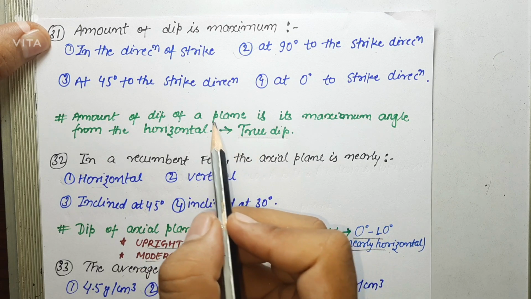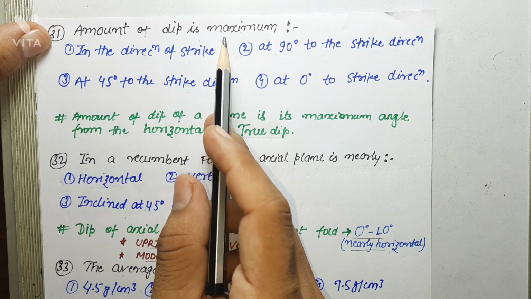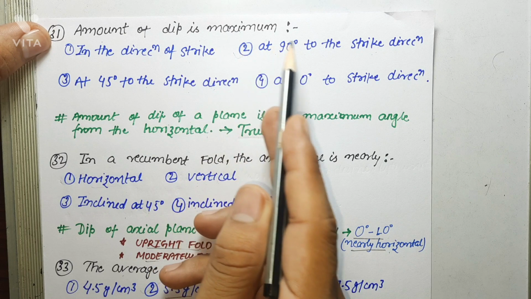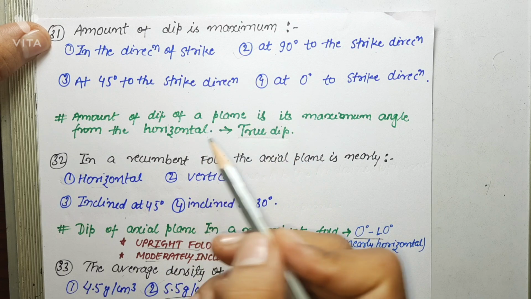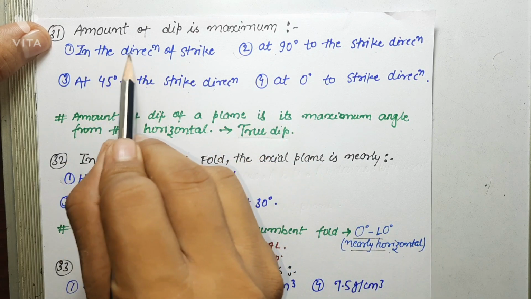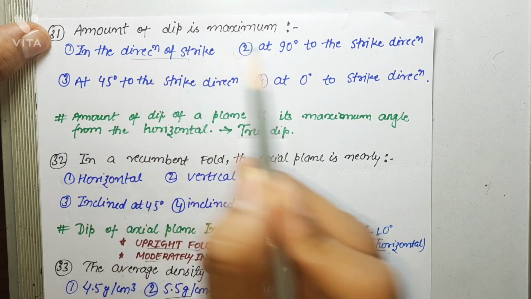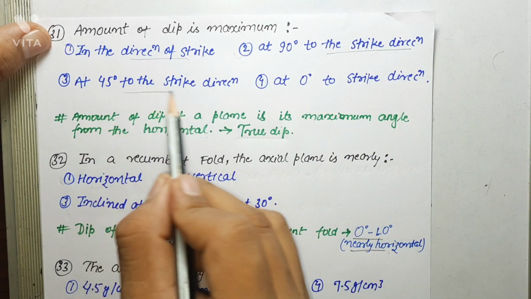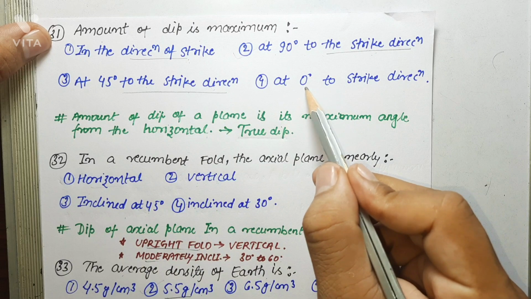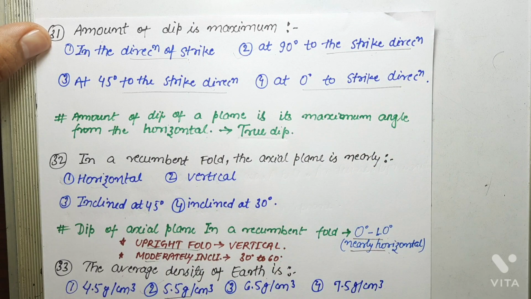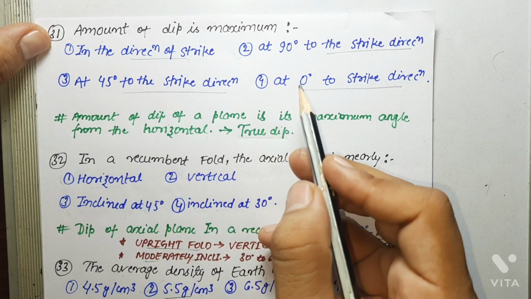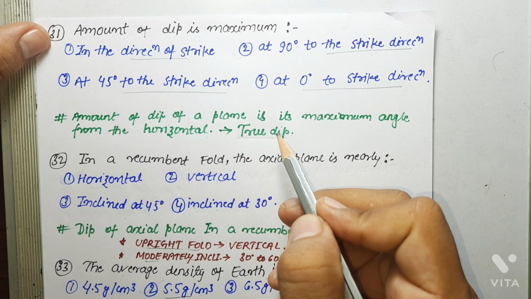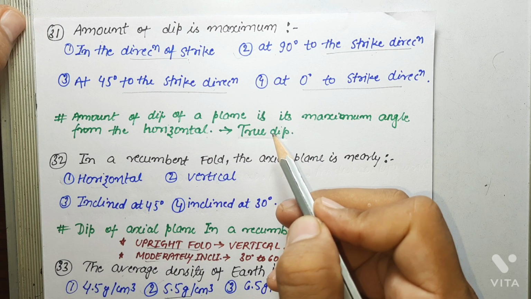So this question is basically asking, for a plane, at which direction is the amount of dip maximum. It takes strike direction as reference. The options are: in the direction of strike, at 90 degree to the strike direction, at 45 degree to the strike direction, and at 0 degree to the strike direction.